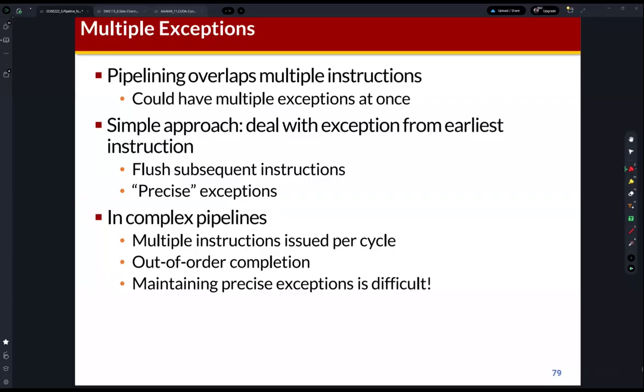So you need to remember that exceptions need to be handled in the order of instruction and not in the order of time. Okay, so I will explain later in the next class.